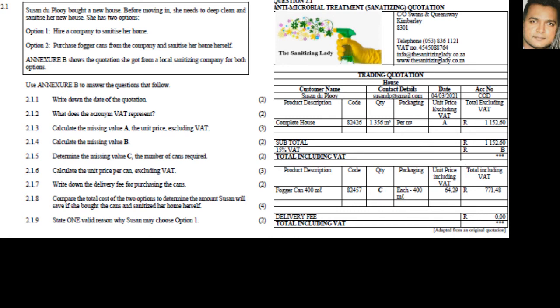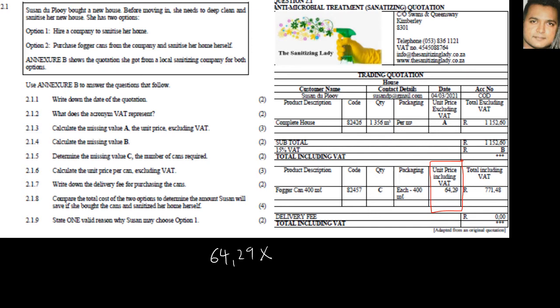Okay, 2.1.6, calculate the unit price per can excluding VAT. So the unit price was what we worked with shortly. The unit price is here. Now remember this area has VAT included in it, so they want us to take out that VAT. So all we need to do is we take that 64 and 29, right?